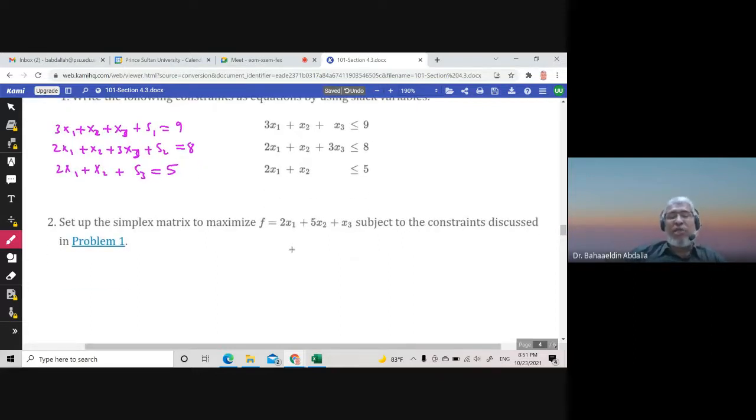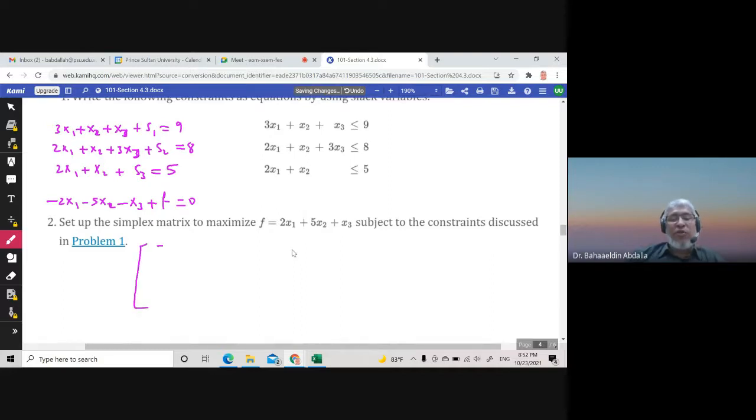Set up the matrix to maximize this objective function. Let us write it. Negative 2x1, negative 5x2, negative x3 plus f equals 0. So we can set up now the matrix.